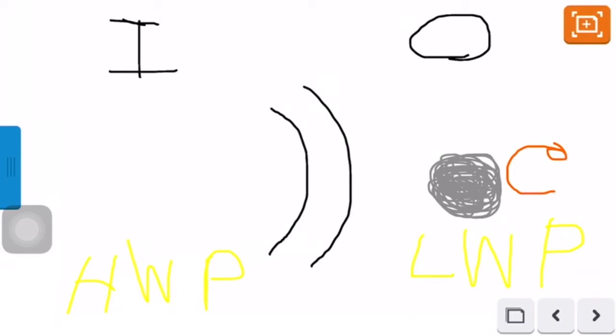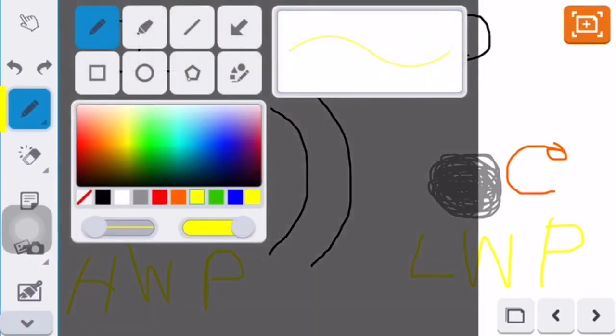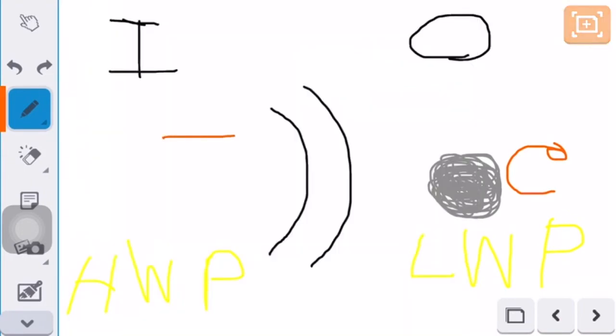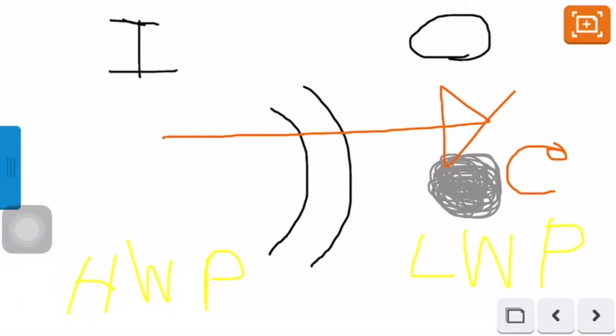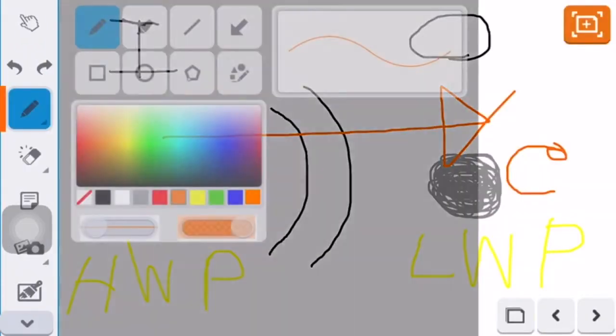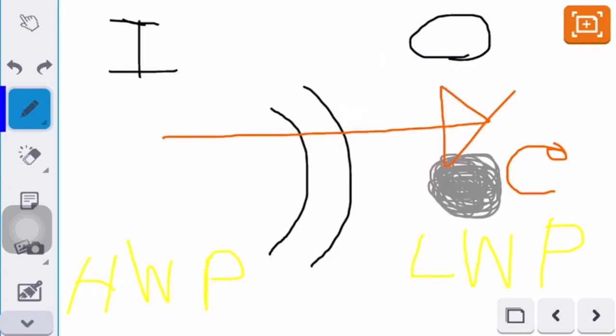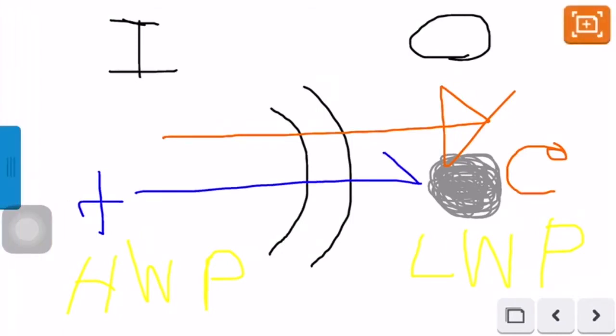First of all, the chloride ions need to be pumped out by the CFTR proteins from inside the cells. Thus low water potential outside, high water potential inside. Then what will happen? This water will move from the higher water potential area to the lower.